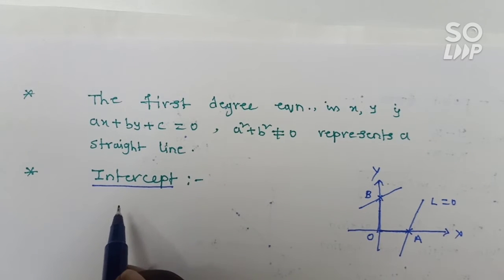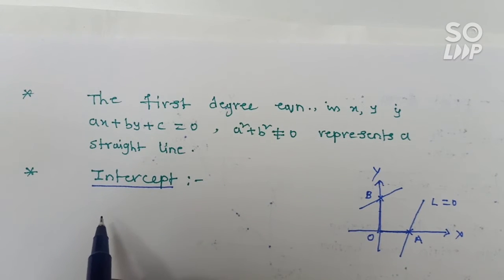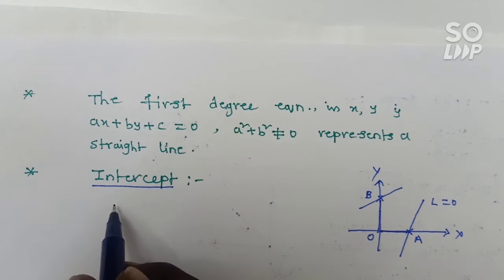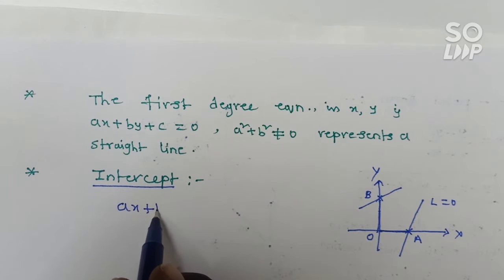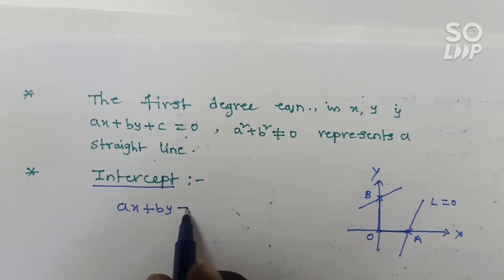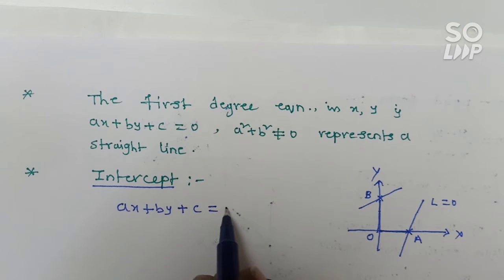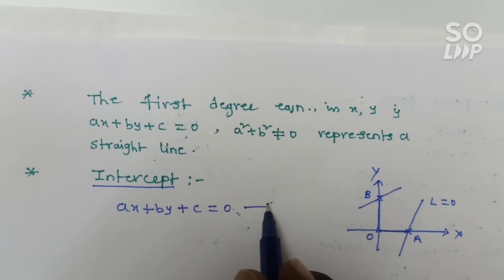See, suppose you take the equation of the straight line. Let the equation of the straight line be ax plus b into y plus c equals 0. Let this be equation 1.